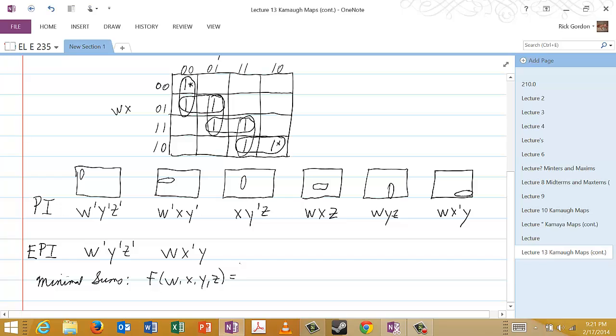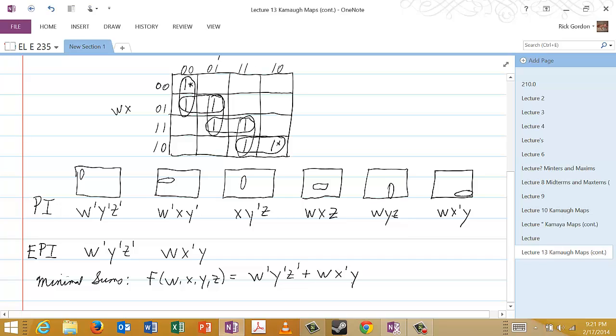And as has been stressed repeatedly, when you're looking for the minimal sums, you should begin with what is essential. Just think of the word essential. That is something that must be there. So we'll start with W prime, Y prime, Z prime, or W X prime Y.